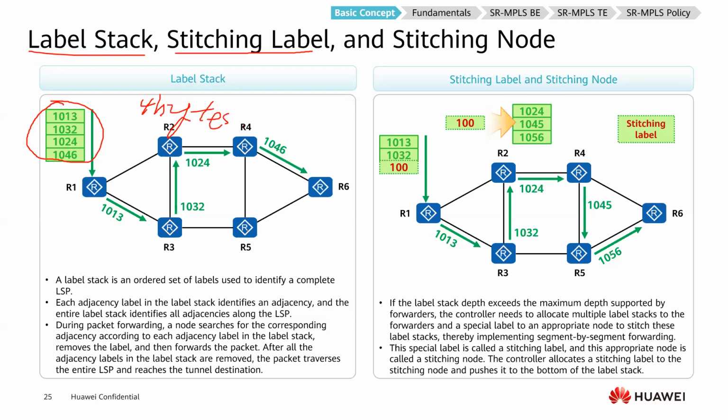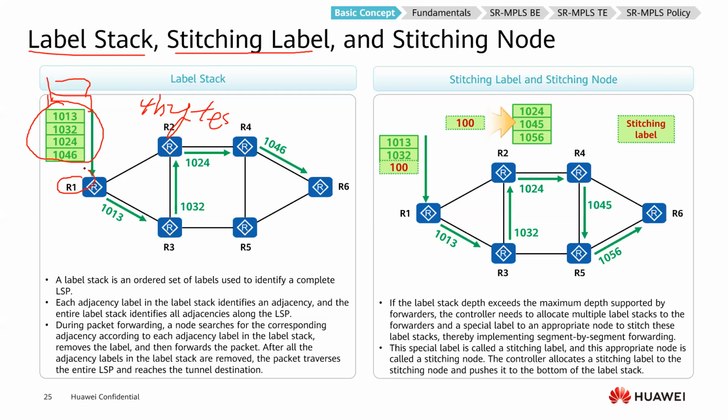So if we stack a lot of labels at R1, the header will use a lot of bytes, which normally would be used by the real data, but now it is being used by the header. So the efficiency of forwarding will drop.